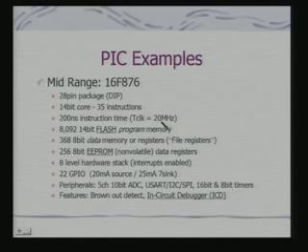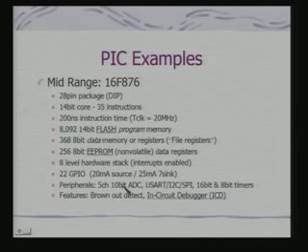It has an operating frequency of 20 megahertz, it has 35 instructions, it has a 14-bit instruction set, and it is also flash, so that the program can be updated on the fly. It has an 8 level hardware stack, and it has electrically erasable PROM, the data memory that I had already talked about.